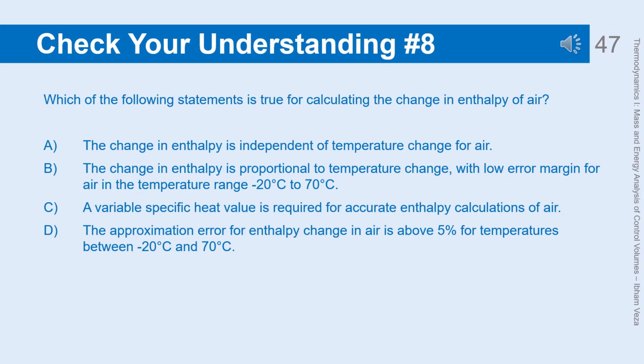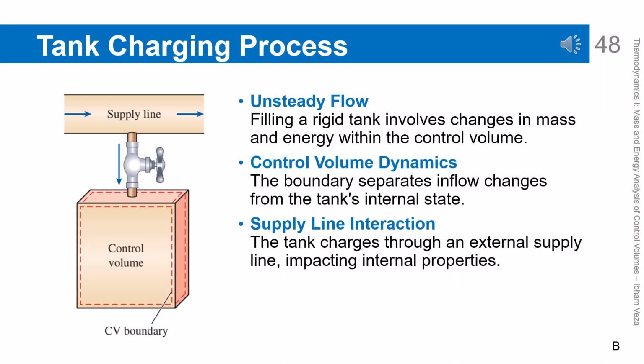D. The approximation error for enthalpy change in air is above 5% for temperatures between negative 20 degrees Celsius and 70 degrees Celsius. This is incorrect because the approximation error is below 0.5%, much lower than 5% for this temperature range.